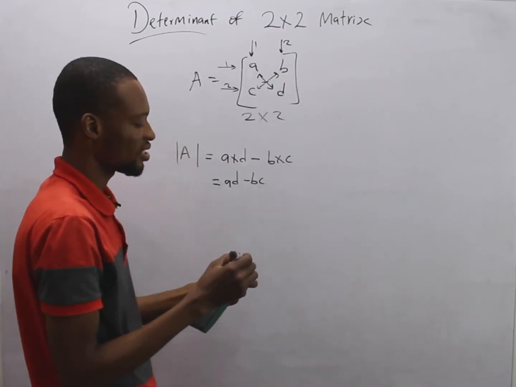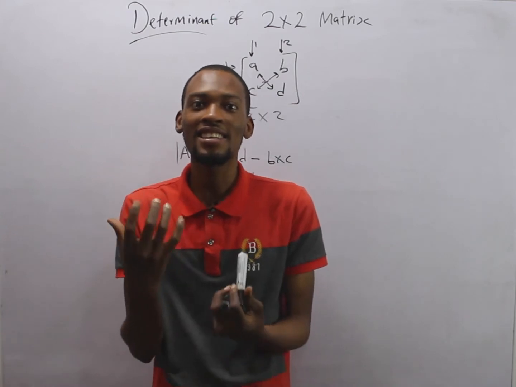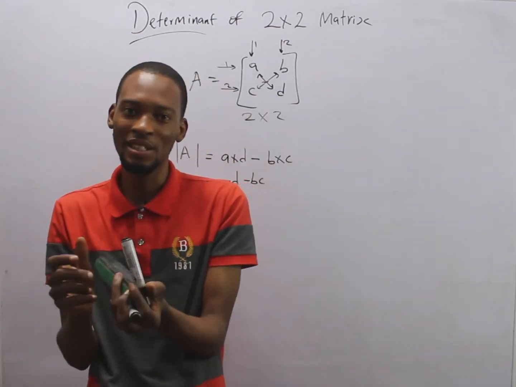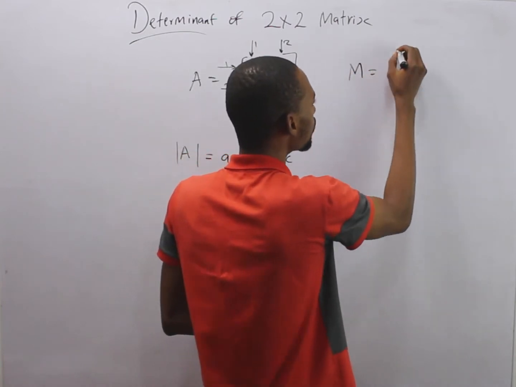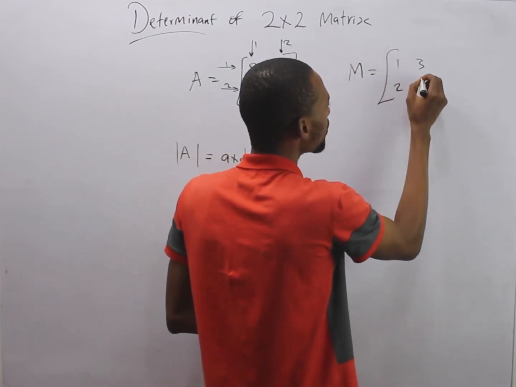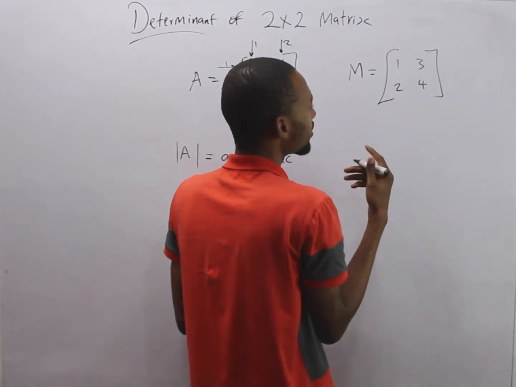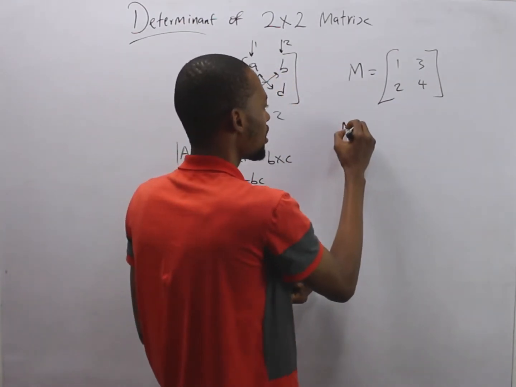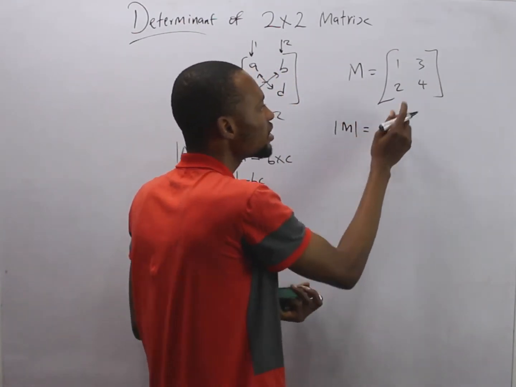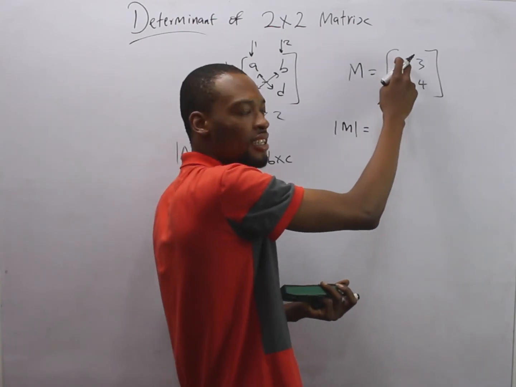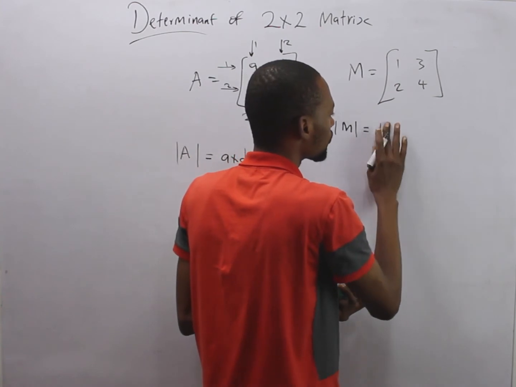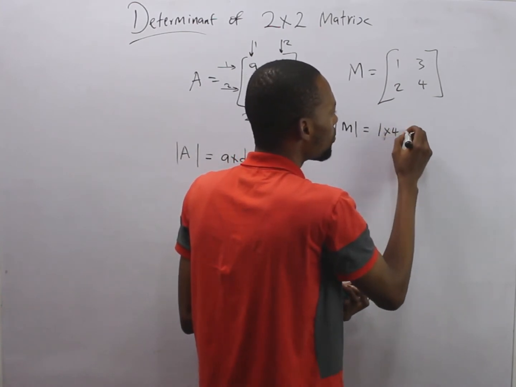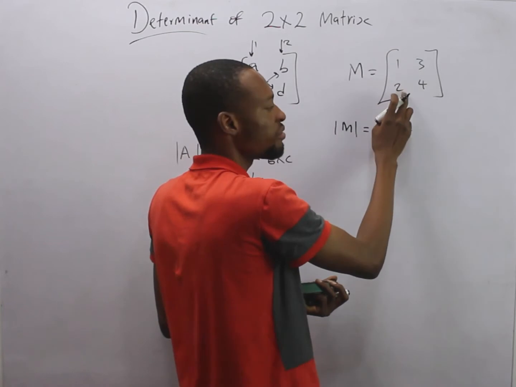You may be wondering, why is it in letters? Let's see a real life number example. Given the matrix M equals 1, 2, 3, 4, the determinant of this matrix M is simply 1 times 4 minus 3 times 2.